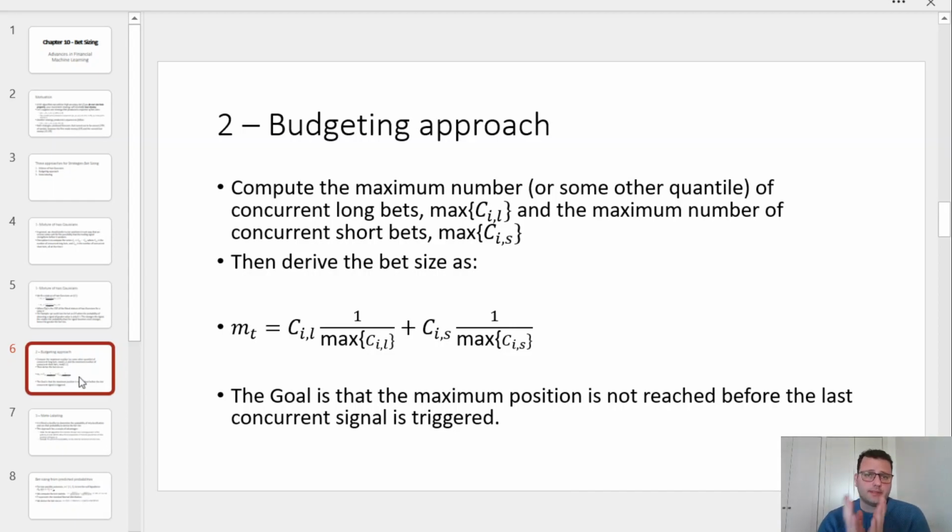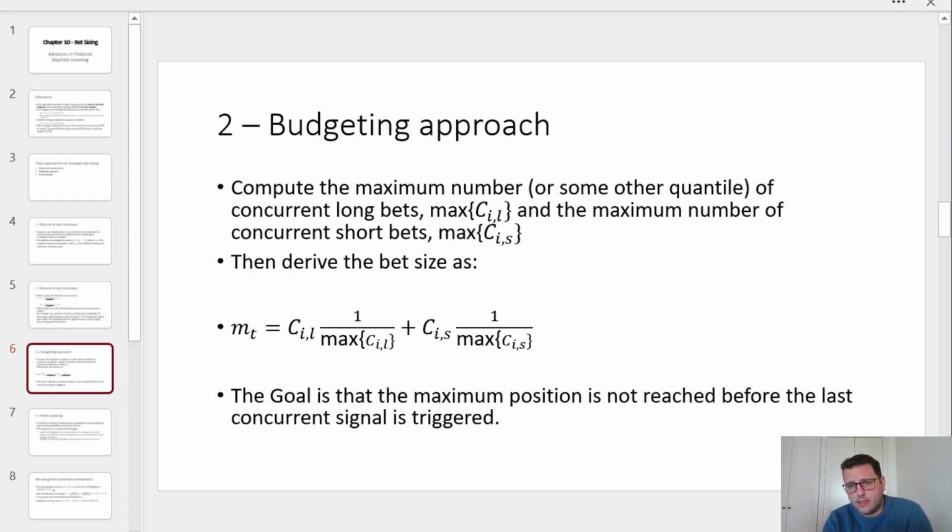The second one is the budget approach. The budgeting approach computes the maximum number, or some other quantity, of concurrent long bets. You can see here it's similar to the other one. And the maximum number of concurrent short bets. Then we derive the bet size as this function here. The goal is that the maximum position is not reached before the last concurrent signal is triggered.